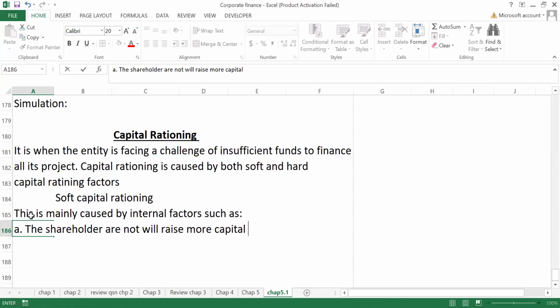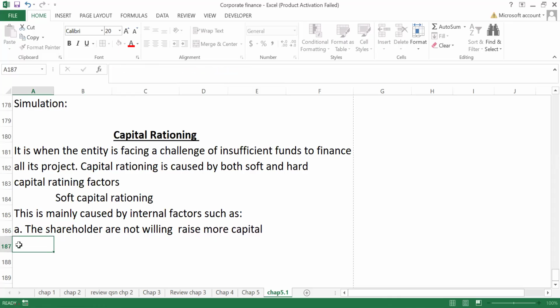So you find that the shareholders are not willing to raise more money to finance the project. In that case, it is an internal factor. You have a good project, but the shareholders are not willing to put more money in the business.